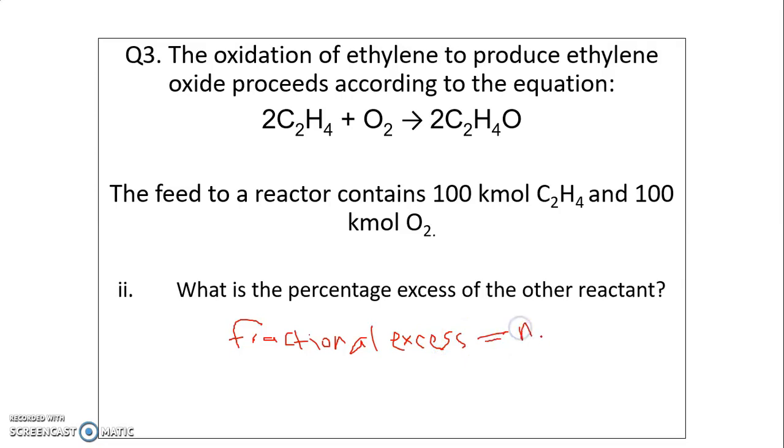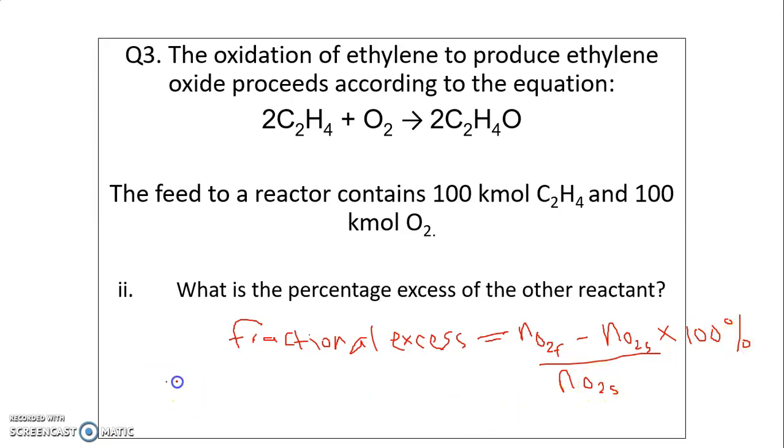And since we know that O2 is in excess, we put NO2 feed minus NO2 stoichiometry over NO2 stoichiometry times 100, because we need to find the percentage excess, so we need to times with 100%.